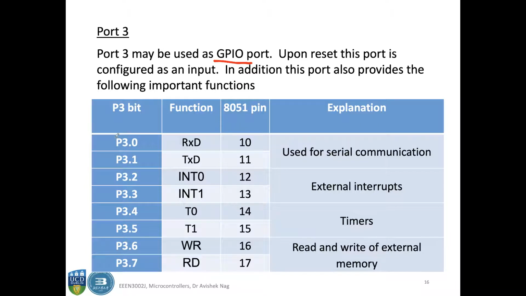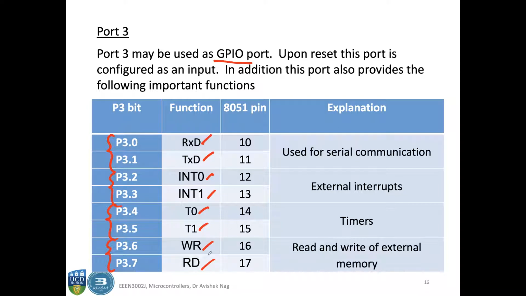For example, 3.0 and 3.1 are used for serial communication, for receiving data and transmitting data. 3.2 and 3.3 are used for external interrupts. 3.4 and 3.5 are used for timer operations, and 3.6 and 3.7 are used for writing and reading from the external memory.